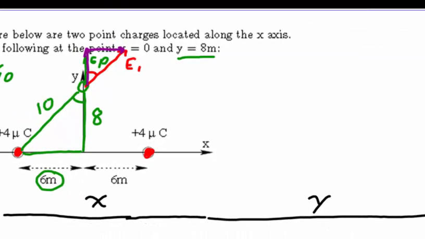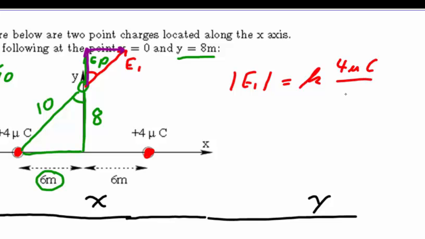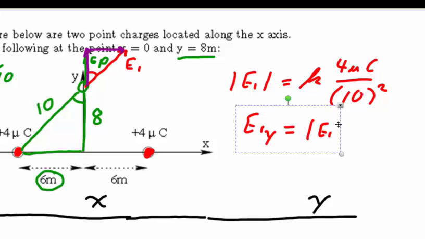We'll determine the magnitude of E1 in the usual way as being equal to K times the amount of charge, 4 microcoulombs, divided by the distance of 10 meters, quantity squared. E1y is equal to the magnitude of E1 times the cosine of theta.